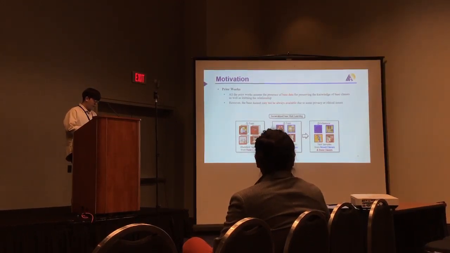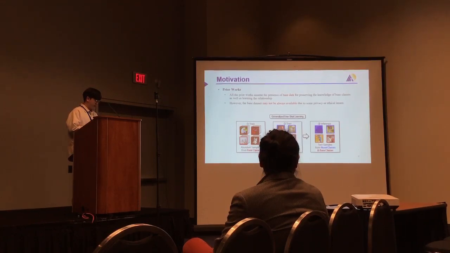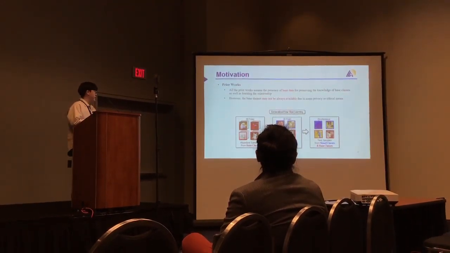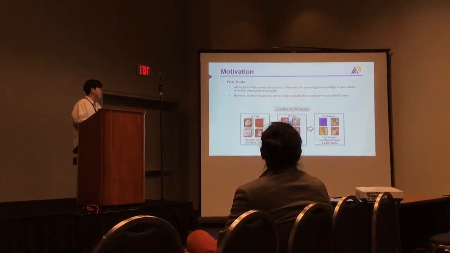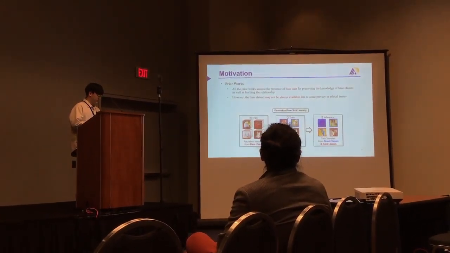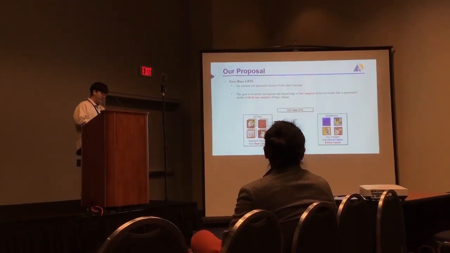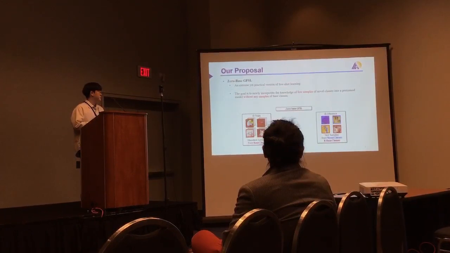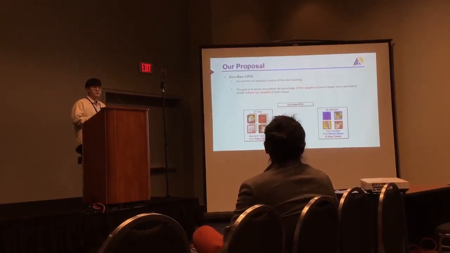So in existing work, when we train novel classes, at the same time, we train on samples of base classes as well. However, there can be scenarios where the base dataset is not available because of privacy or ethical issues. Based on this motivation, in this paper, we propose a new generalized few-shot learning setting, which we call zero-base GFSL.